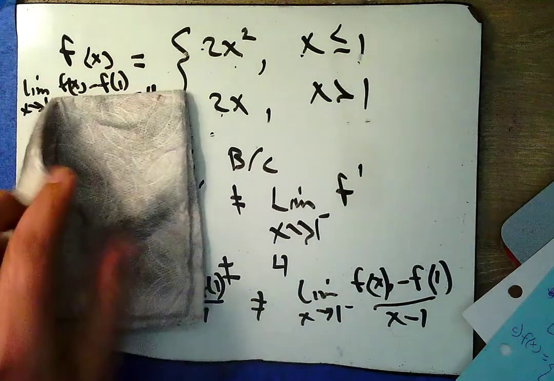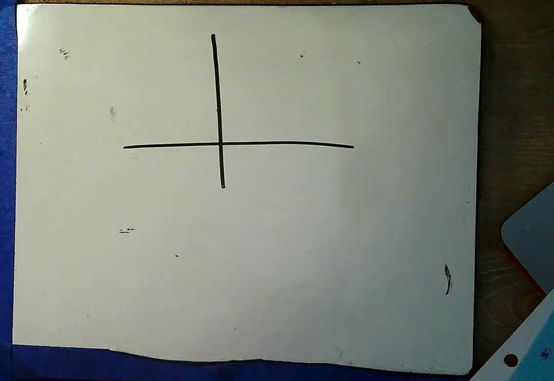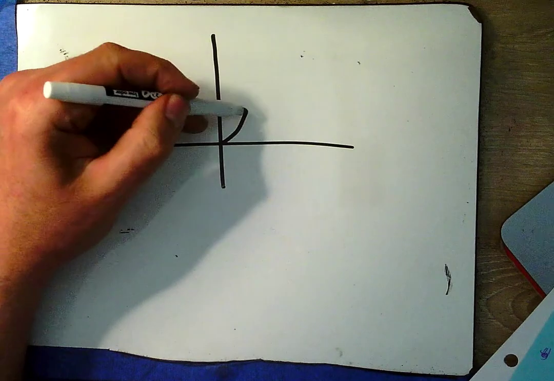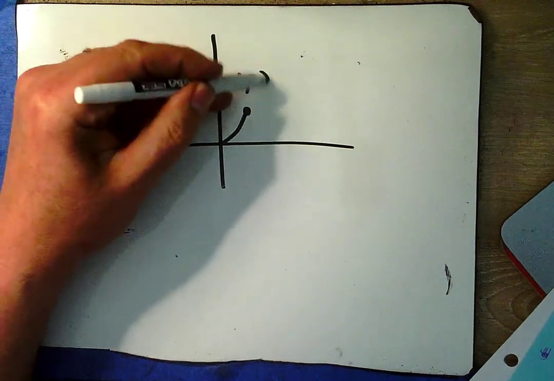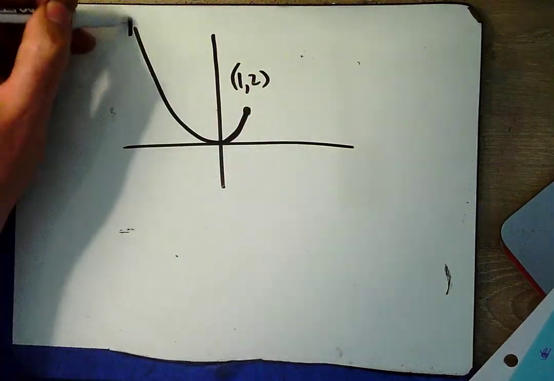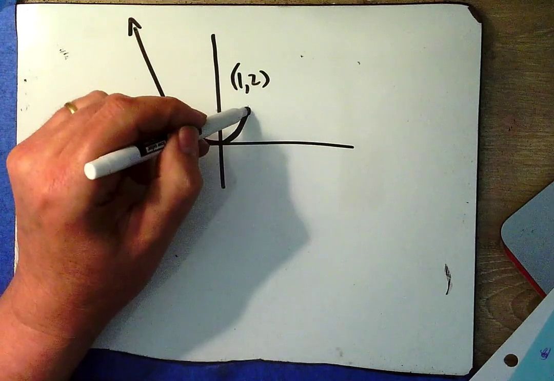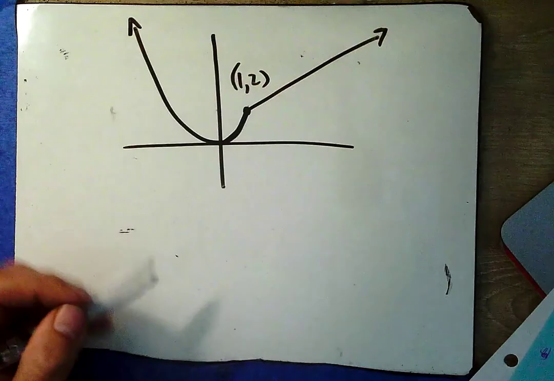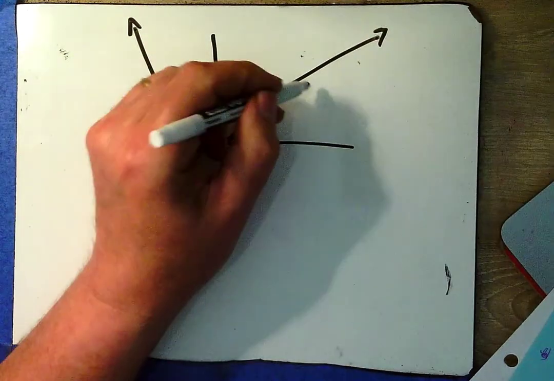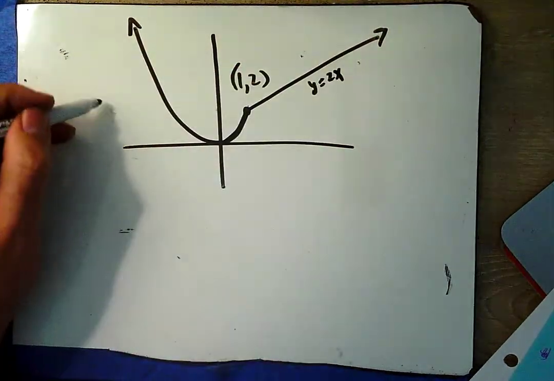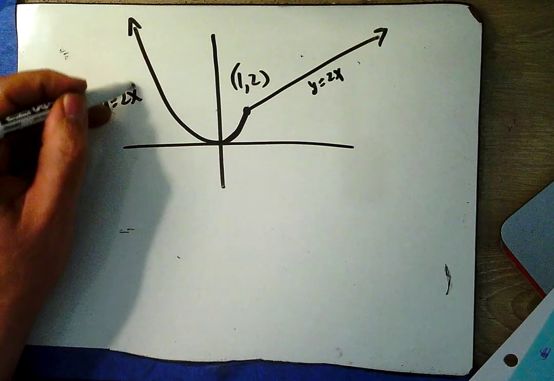And now, let's take a quick look at this graphically. Okay, so our function looked like 2x squared until I get to 1, 2. And what's the other piece? y equals 2x. And so y equals 2x, y equals 2x squared.